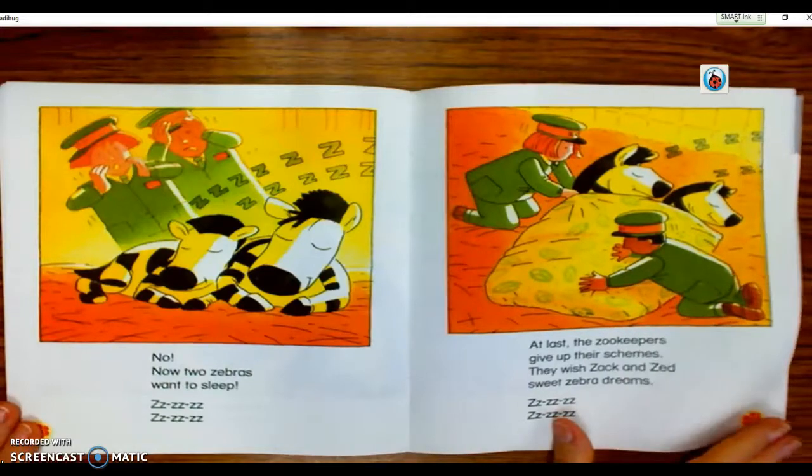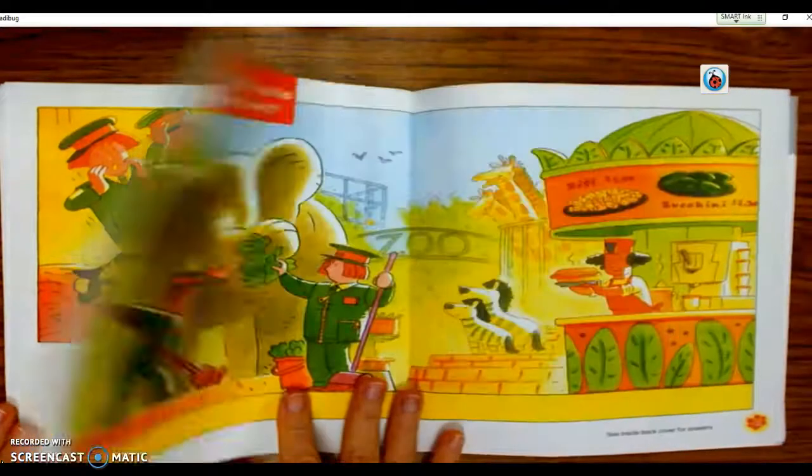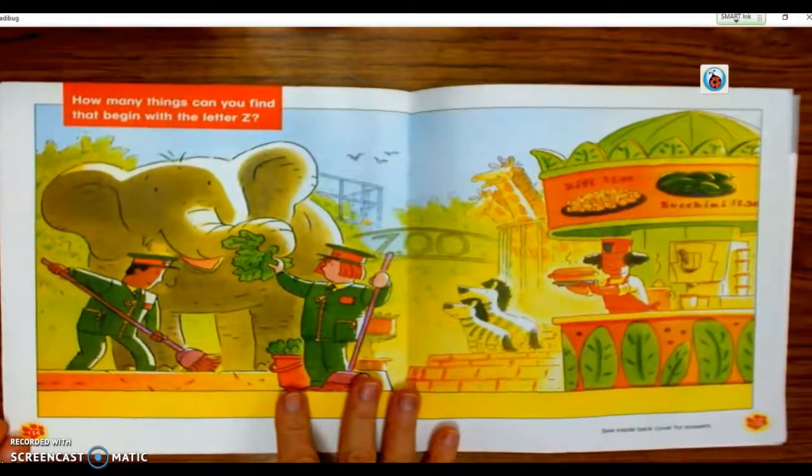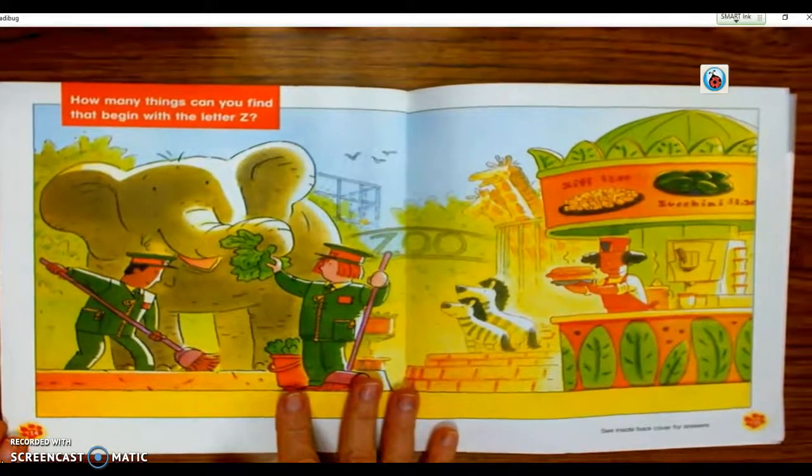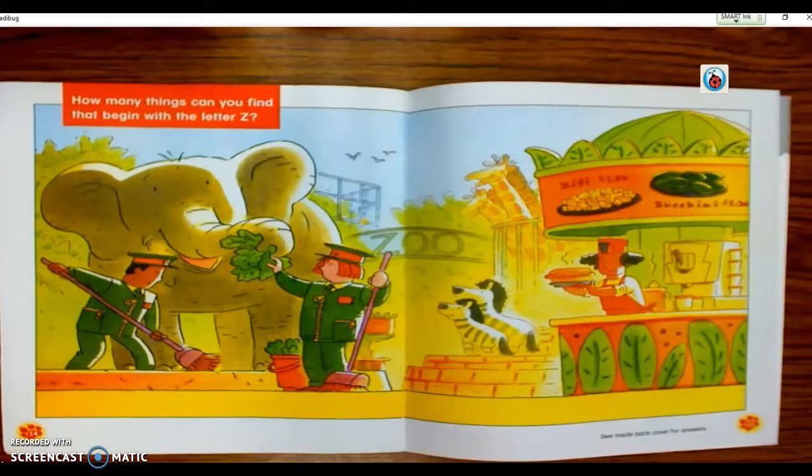All right, boys and girls, how many things can you find that begin with the letter Z or the Z sound? This is a little bit tricky. We don't use the letter Z a whole lot. All right, they are at the zoo. Zoo begins with a Z. I see some zebras.